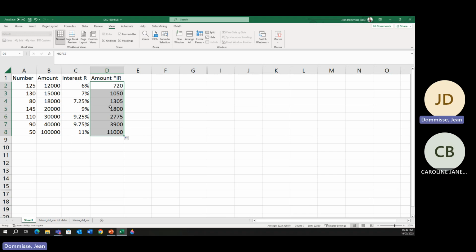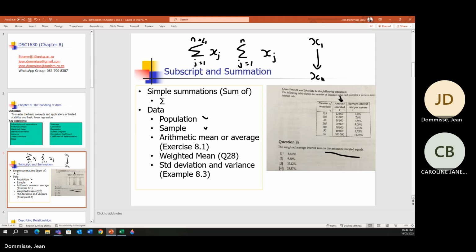And then what you do is you basically now need to work out the weight of that. So you would say the sum of all of these divided by the sum of the amounts, because they said in the question, the weighted average interest on the amounts invested equals.